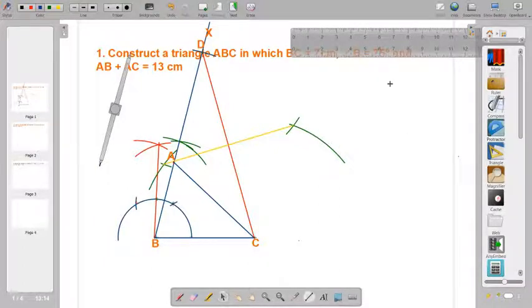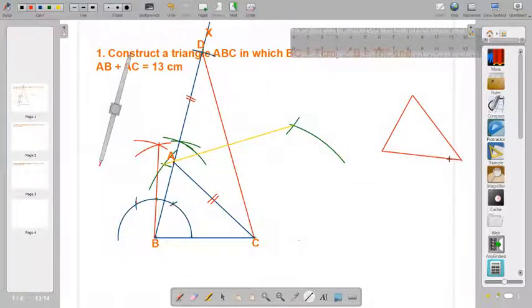Can we say that, sir? Yeah, equal. Okay, I am taking red color here. AD will be equal to AC. Why? Because A lies on the perpendicular bisector of CD. An example I will draw here. For example, you have taken a triangle.